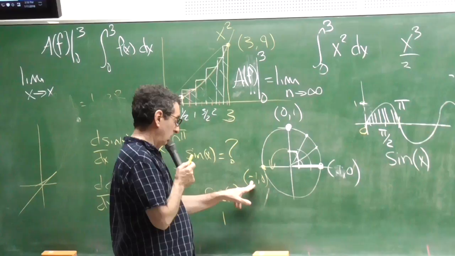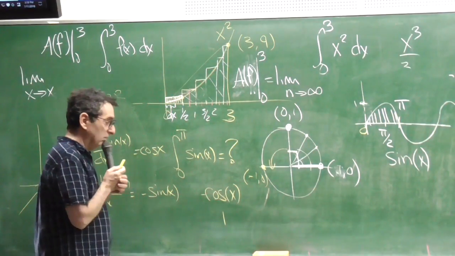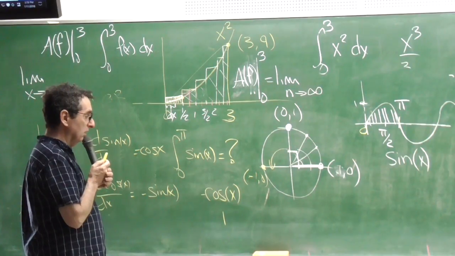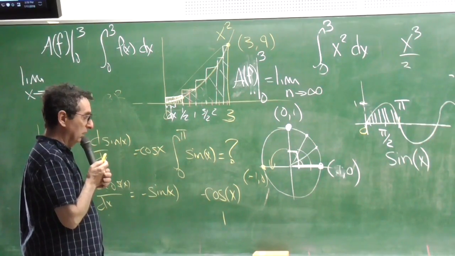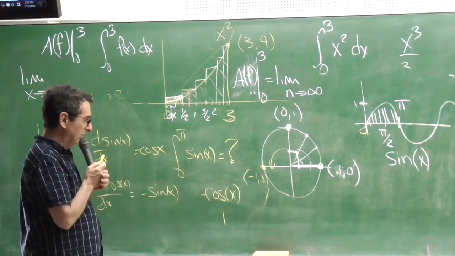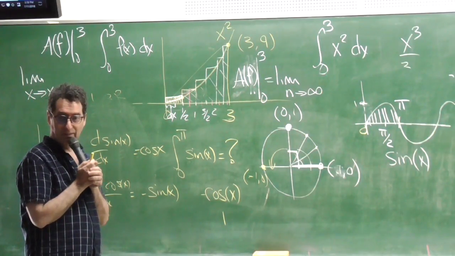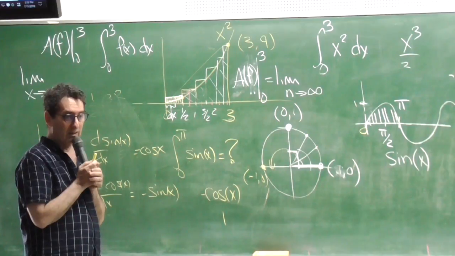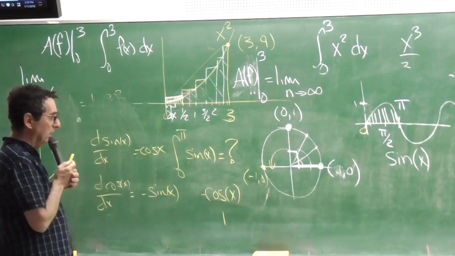And then I want cosine of 0. Cosine of 0 is 1. It's not right, because we get 1 minus 1.